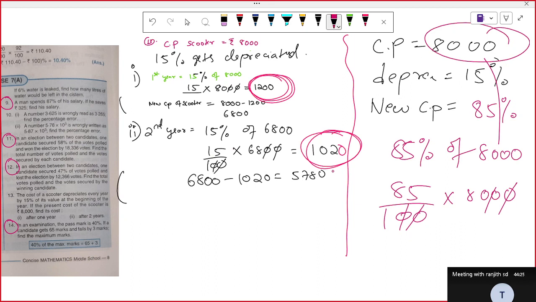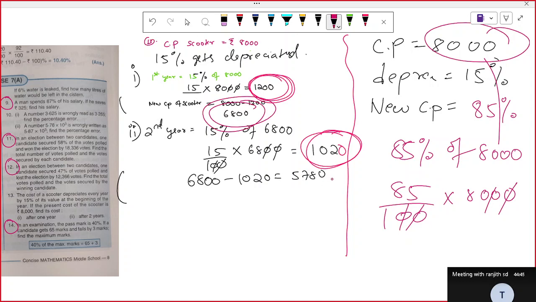So 6,800. You'll get the direct value 6,800. So first you can find the percentage and reduce it. If not, reduce the percentage value and you can find the cost price.